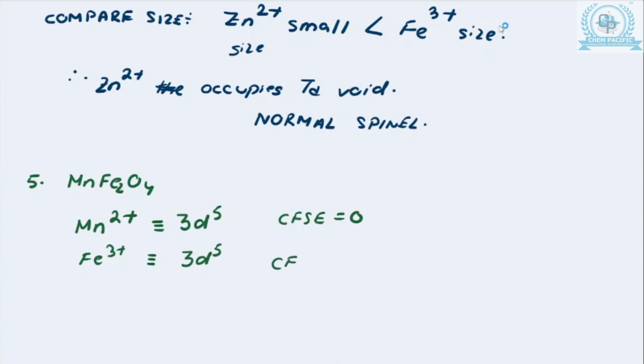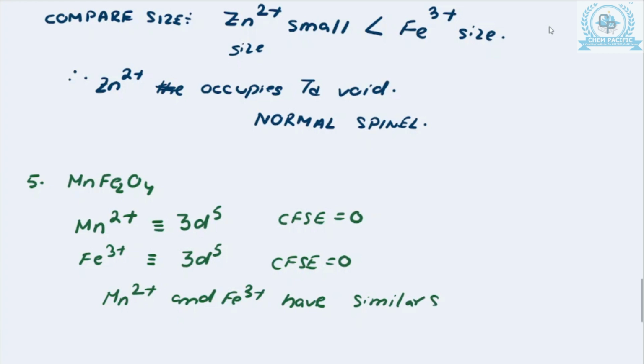So both of them have CFSE 0. But in this case the size of Mn2+ and Fe3+ are comparable, nearly similar. So you cannot differentiate by size as well.